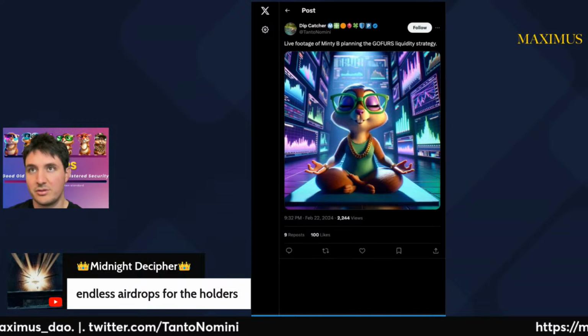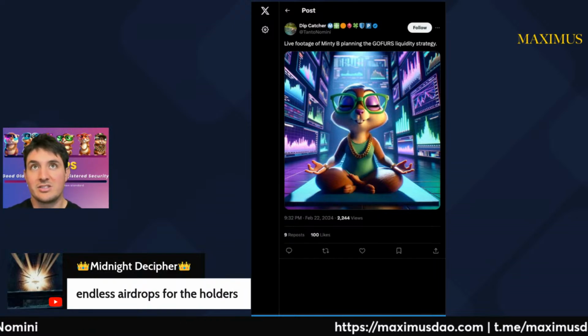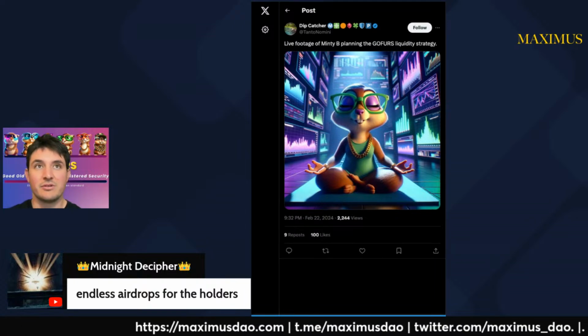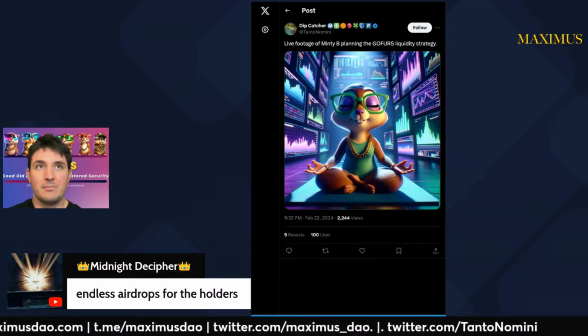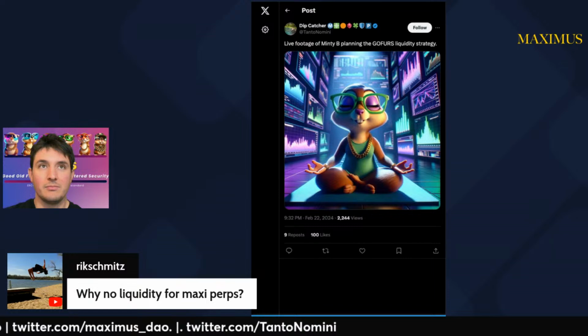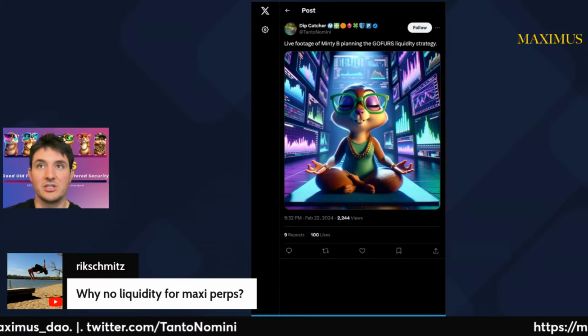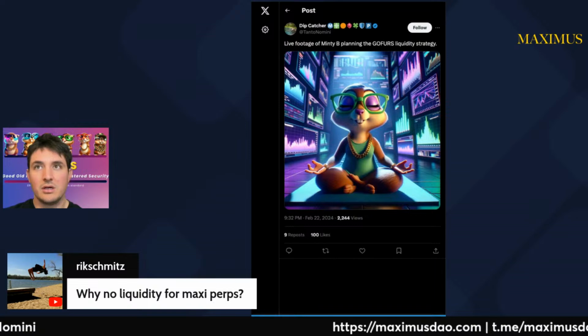Endless airdrops for the holders. Yeah, well, just think back to all the people that participated in stuff. So Maxi first, that was the first thing. I guess even before I move on there, a lot more liquidity exists on PHUX. That's actually made a big difference in the perpetuals liquidity.